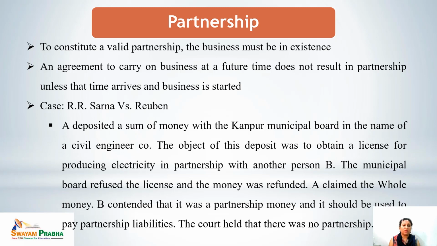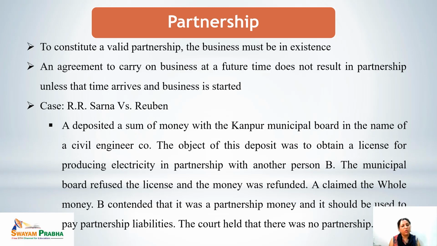Let's see the case of R.R. Sarna versus Rubin. A deposited a sum of money with the Kanpur Municipal Board in the name of a civil engineer company. The object of this deposit was to obtain a license for producing electricity in partnership with another person, B. The municipal board refused the license and the money was refunded.